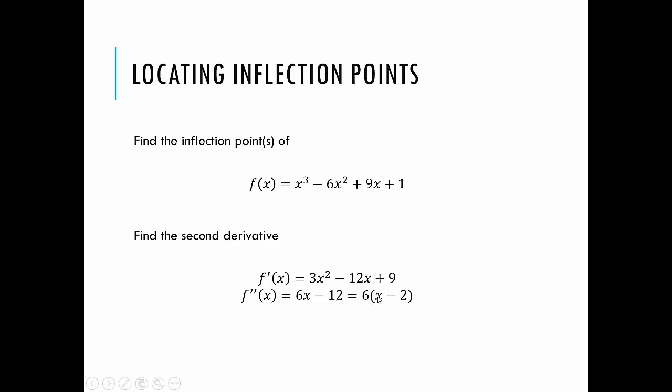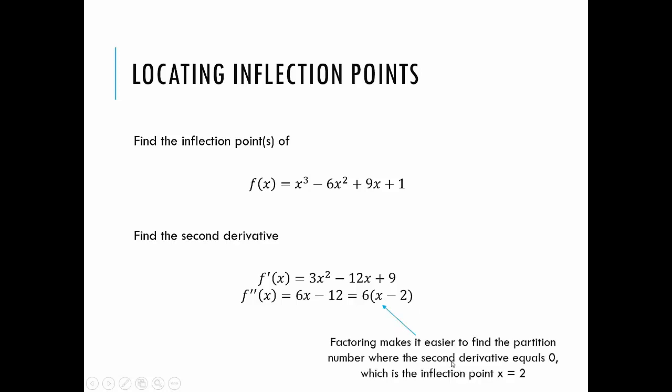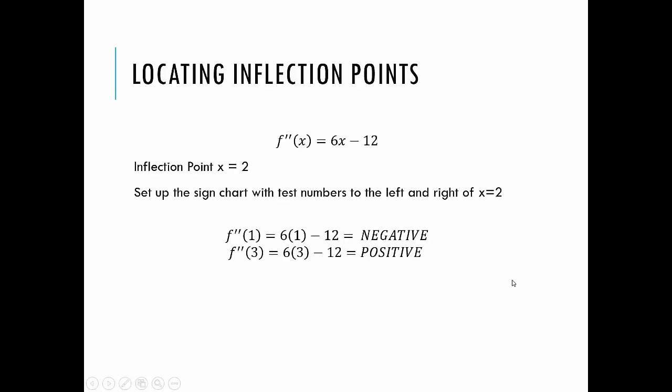I want to find the factors, so I factor out a 6 and set my factors equal to 0 because it makes it very easy to see. I can see that if x equals 2, then the second derivative equals 0. So x equals 2 would be an inflection point.